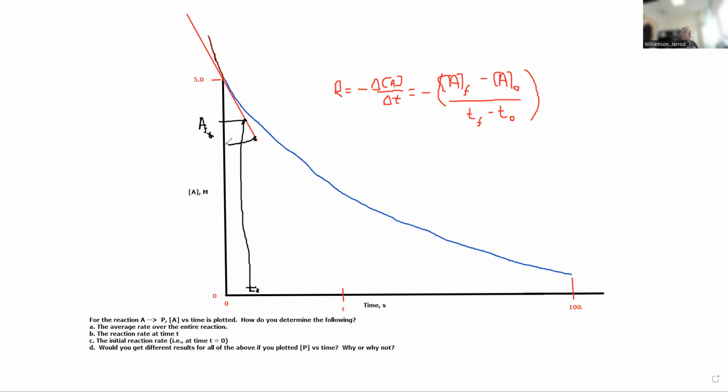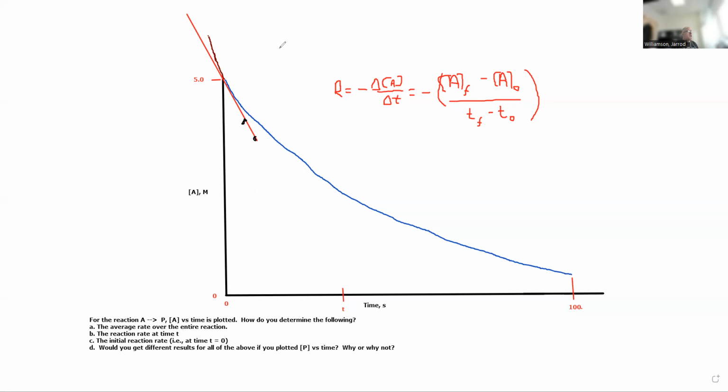And this will give me A final versus T final. And then I just plug the values into here and I'll get the reaction rate at time t equals 0, which is the initial reaction rate. Okay, not an average reaction rate, but the instantaneous rate right at time t equals 0. Okay, that's how you do that.